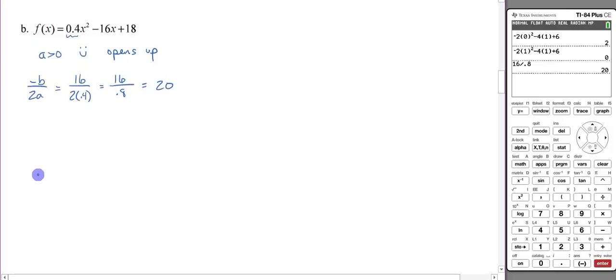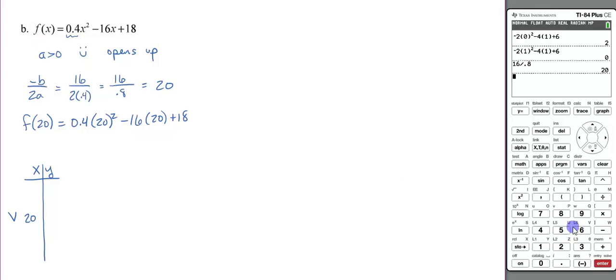Okay, we can go ahead and start our t-table. I know that my vertex is going to have an x of 20, and I put the 20 in for x in the function and simplify, and that will give us our output, the y part of the vertex.